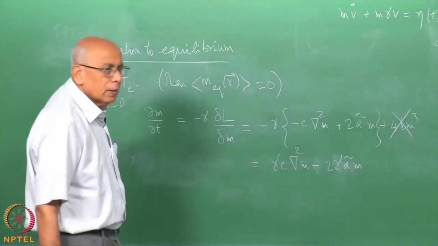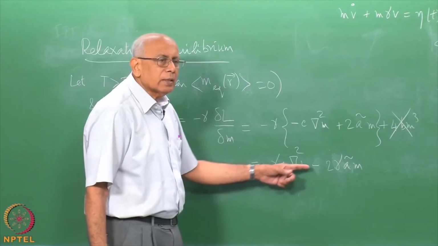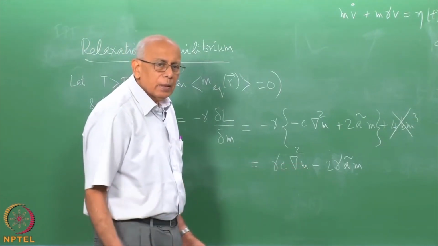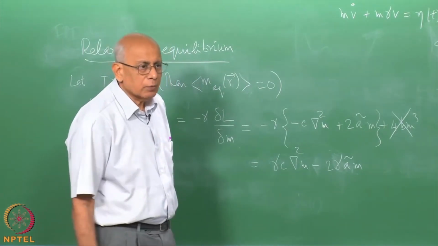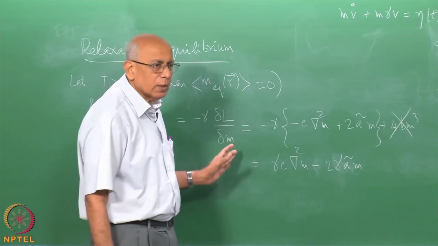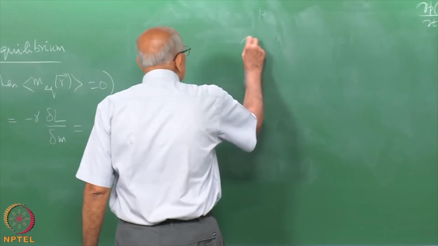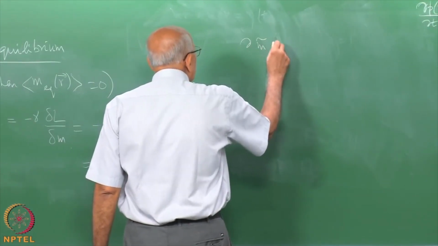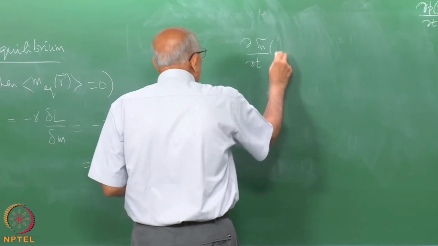Because there is a del squared term here and this m is space dependent, the obvious thing to do is to resolve it into Fourier modes, take a Fourier transform. Let me put a tilde for the Fourier transform here. So it says delta m tilde over delta t for a given k.